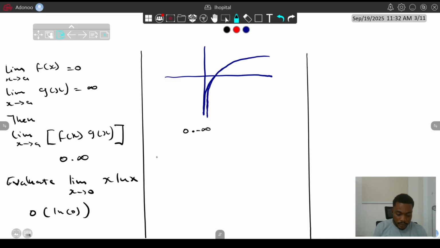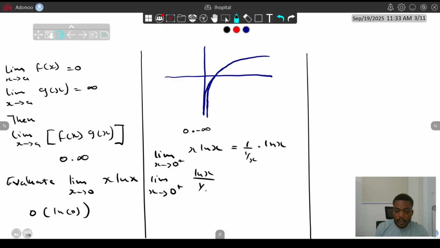We can rewrite our function. So we have the limit as x approaches 0 from the right of x ln x, which can be rewritten as 1 over 1 over x times ln x. So that's the limit as x approaches 0 from the right of ln x over 1 over x, right?